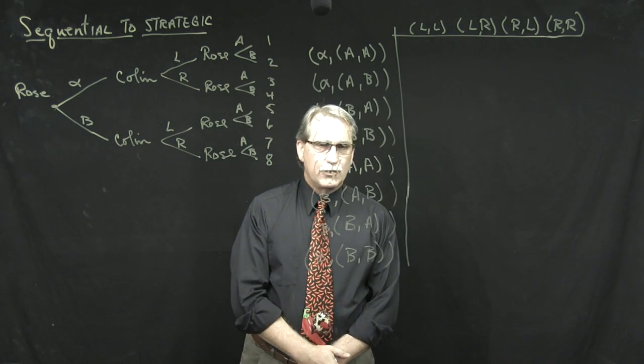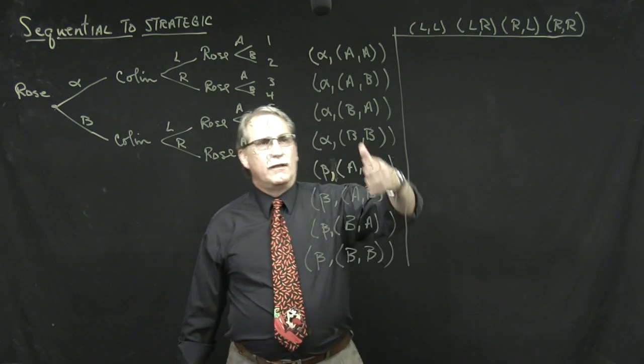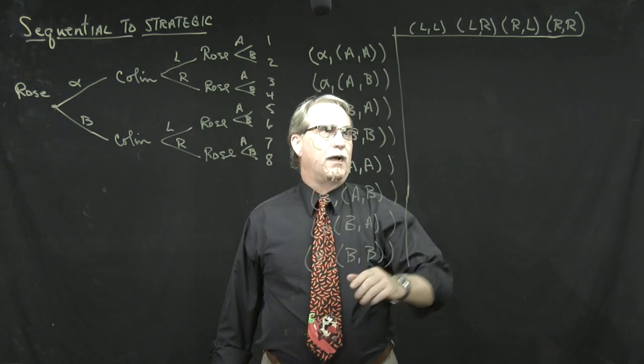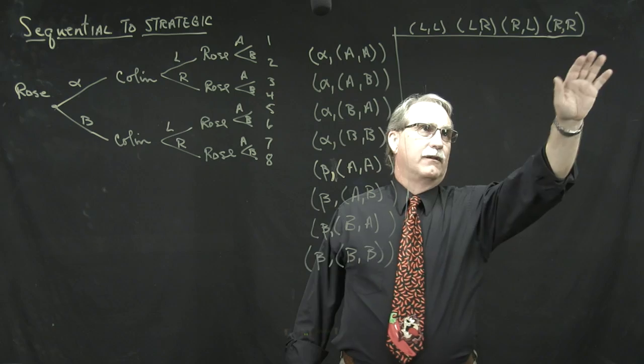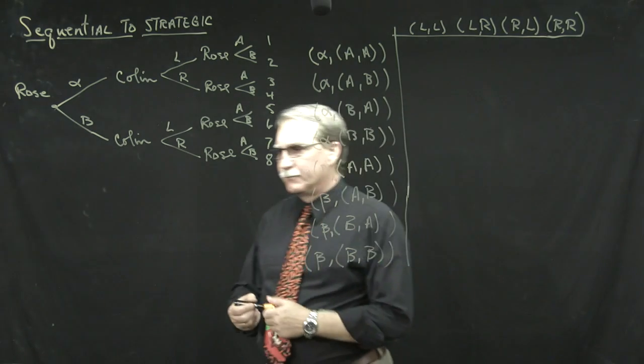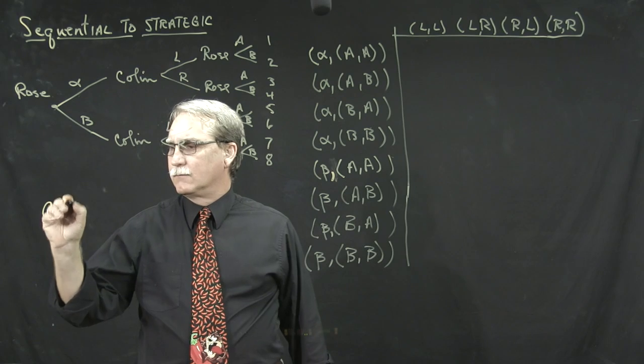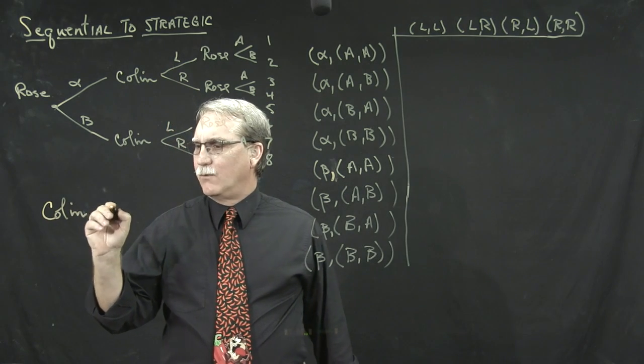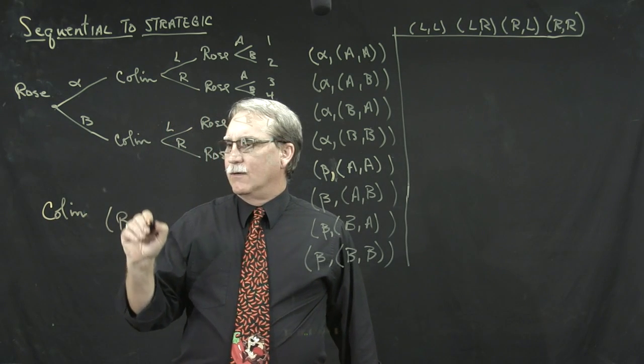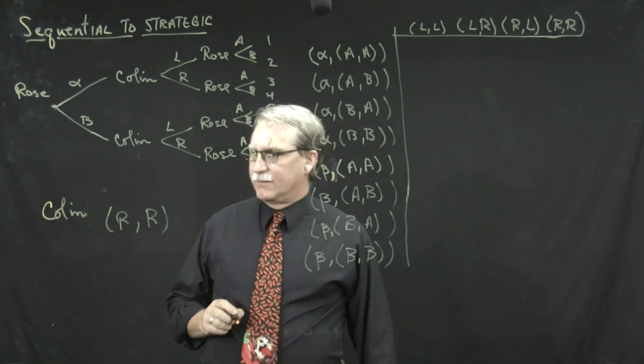The first thing I need to show you is how I determine that Rose has 8 strategies possible and Colin has 4 strategies possible. So what we're going to start with is Colin, and I will explain for you what a notation RR represents.